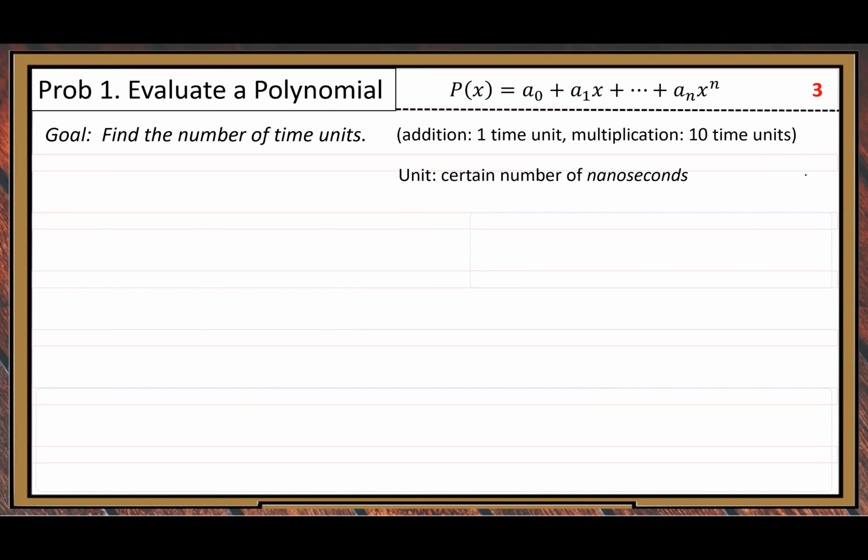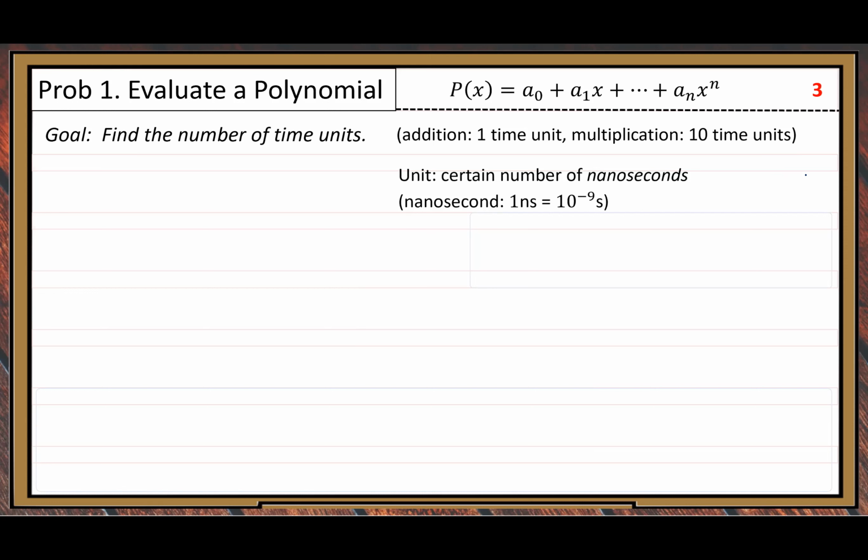Another 1,000th, microsecond, 1 millionth of 1 second. Then another 1,000th, 1 billionth of a second, nanosecond. Represented in power of 10, that's 10 to the negative 9th power. That's the nanosecond.